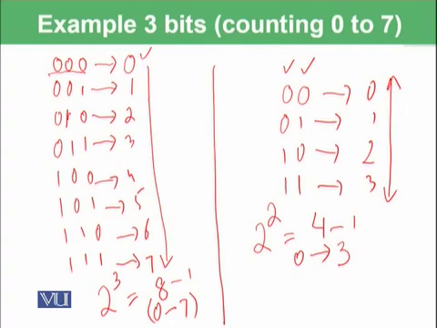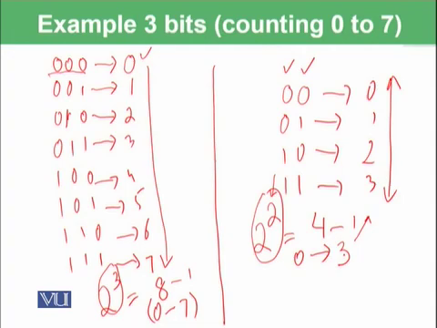So we are getting a formula: we need to write the number of bits as a power of 2, then we can see how many actual numbers we can represent, and then we put a minus 1 at the end to get the maximum number which can be represented.